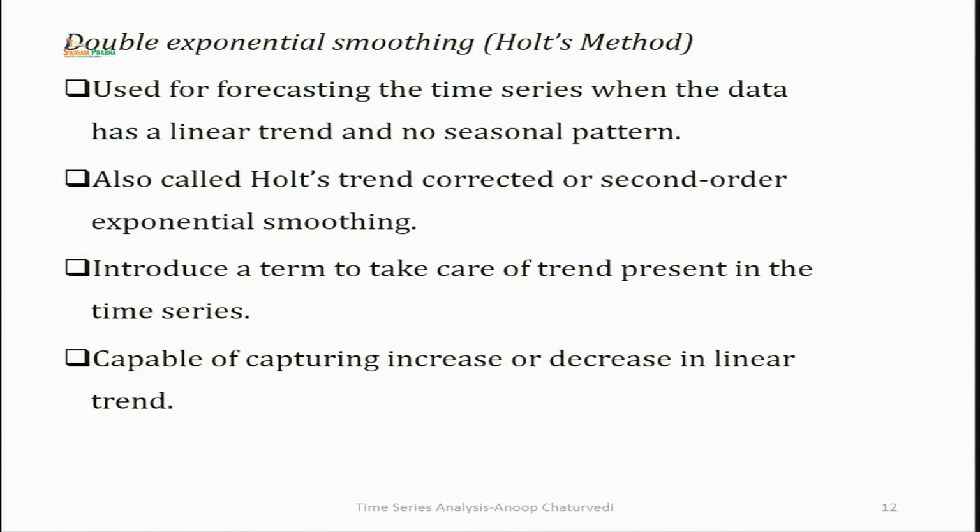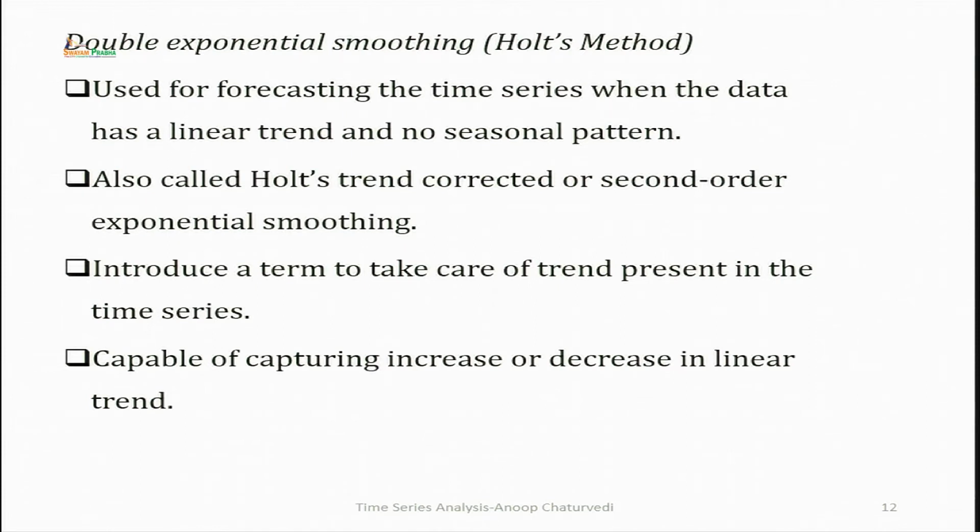Double exponential smoothing, also called Holt's method. Now, remember that in the simple exponential smoothing procedure, which we have discussed before, we have assumed that there is no trend and no seasonal pattern.